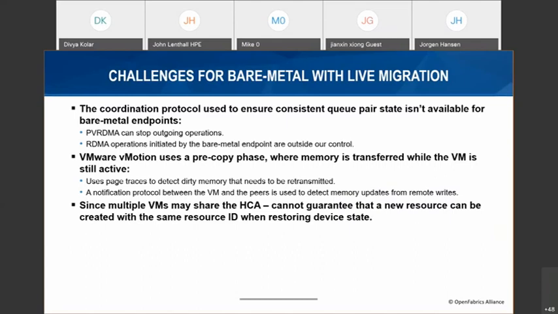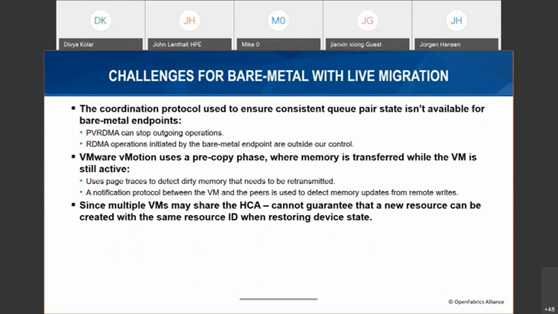A second challenge is that for VMware vMotion, our version of live migration, we use a pre-copy phase where memory is transferred while the VM is still active, and to ensure that any data that has been modified by the VM or by I/O devices is correctly transferred, we need notifications when guest memory is updated by the hardware devices.